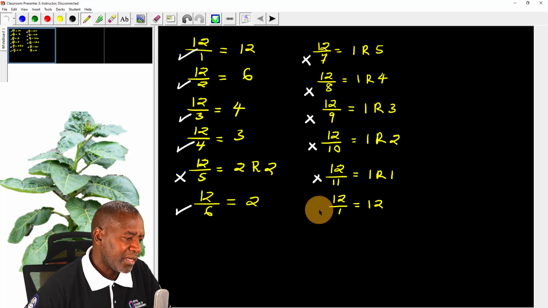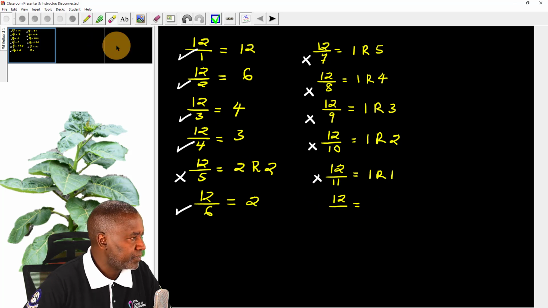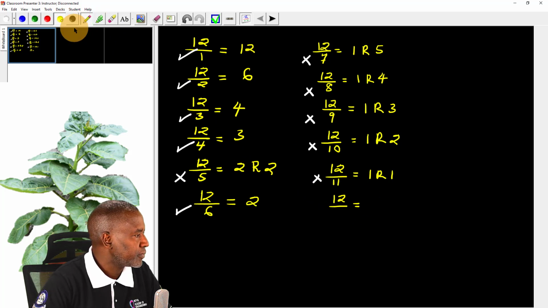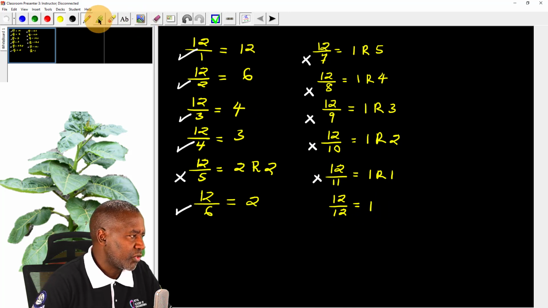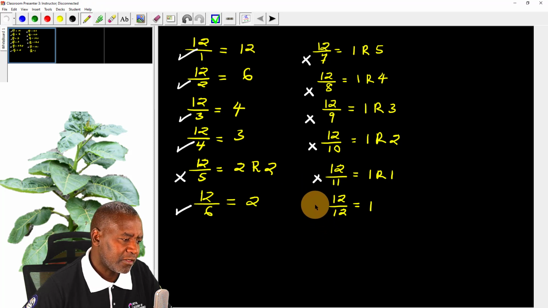The other number is 12 itself. I think I made a mistake here. I ought to have divided 12 by itself to get 1. So the next factor of 12 is itself, number 12.